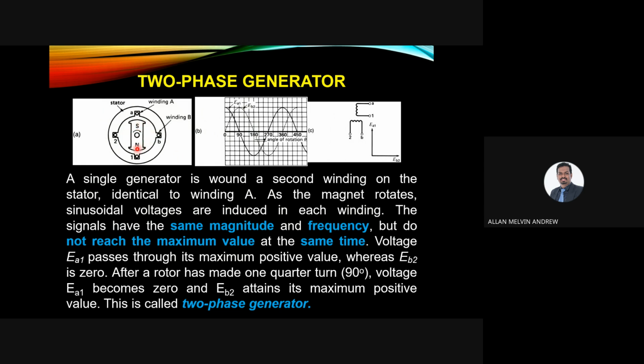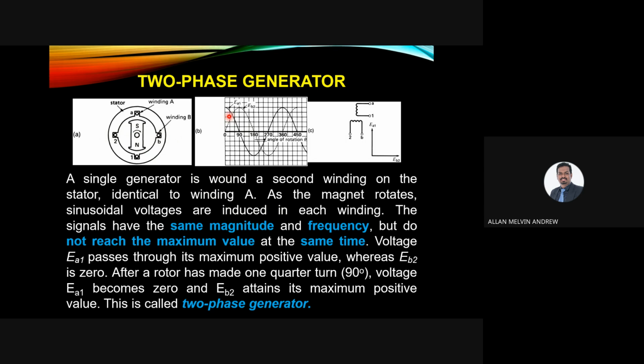Earlier we can see when the magnet is in this position, this will be the maximum. And when it rotates, when the magnet becomes like this, winding B will be maximum.